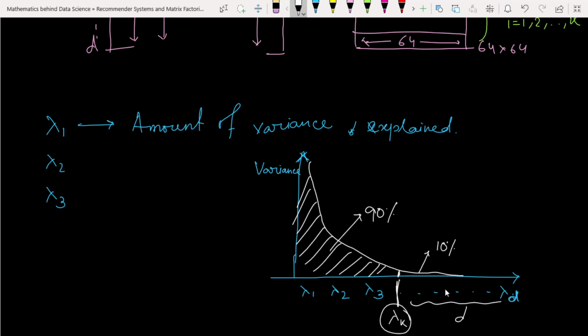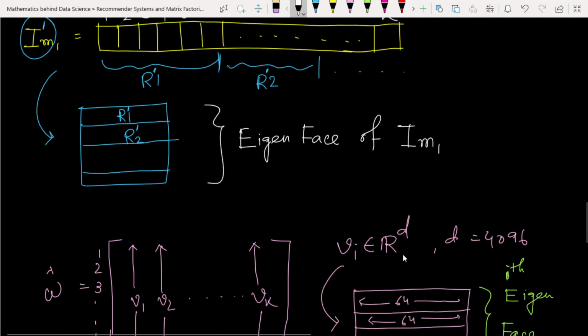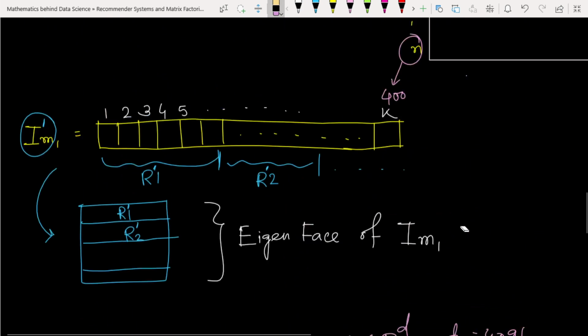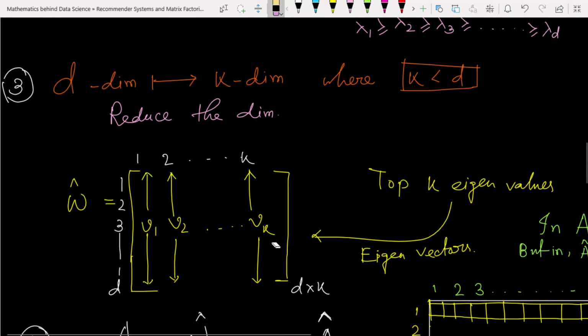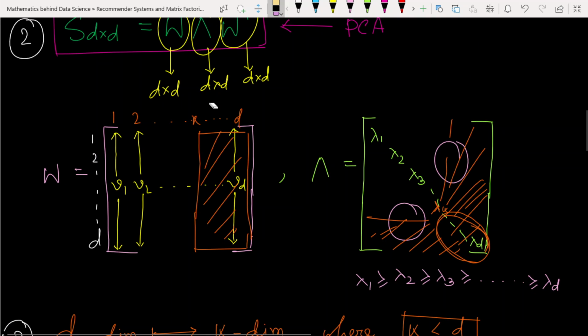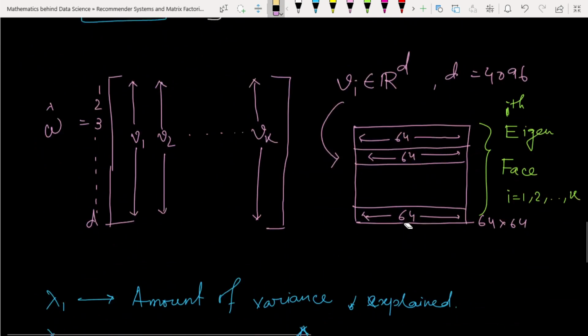For a d-dimensional data set, how many eigenvalues do we have? D eigenvalues, don't be confused.